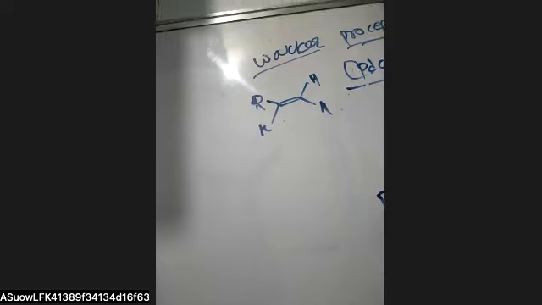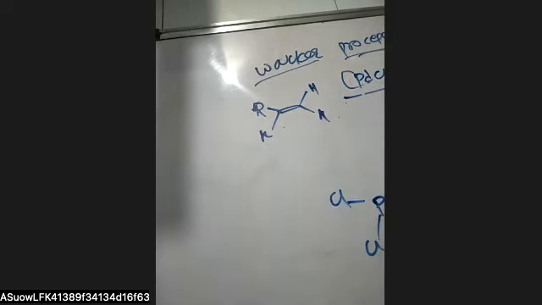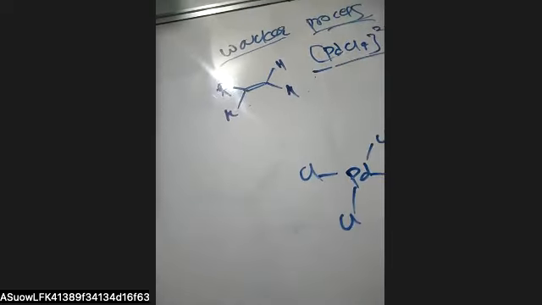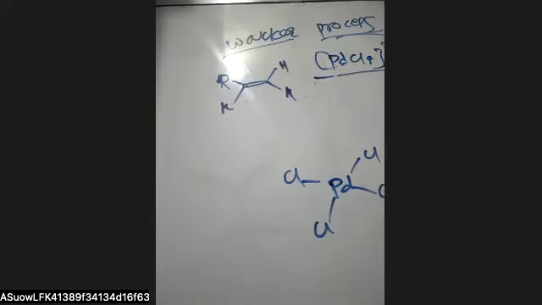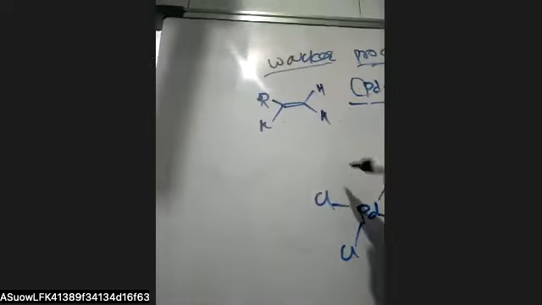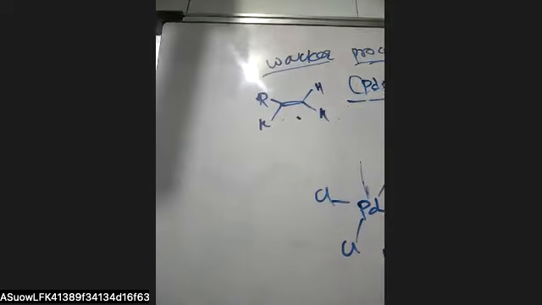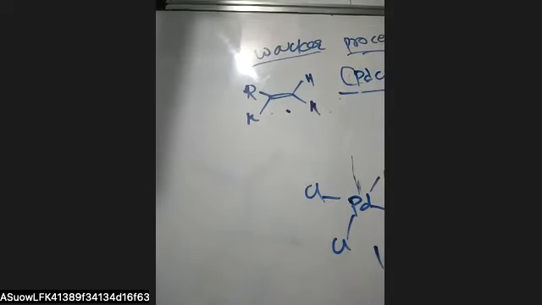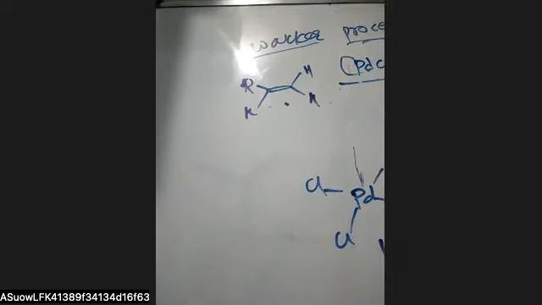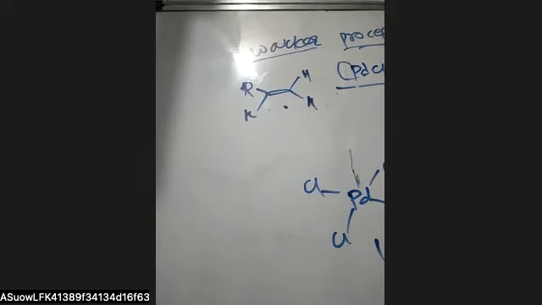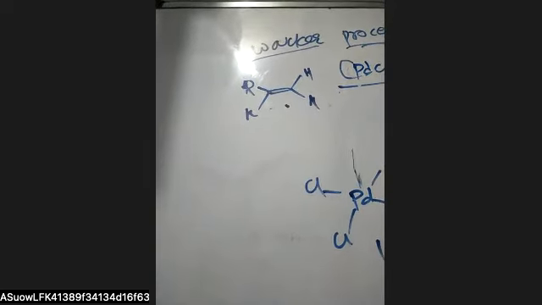Here this alkene coordinates to it. So firstly it is the 16 electron complex. After that, the alkene coordinates to it, then it becomes the 18 electron complex.